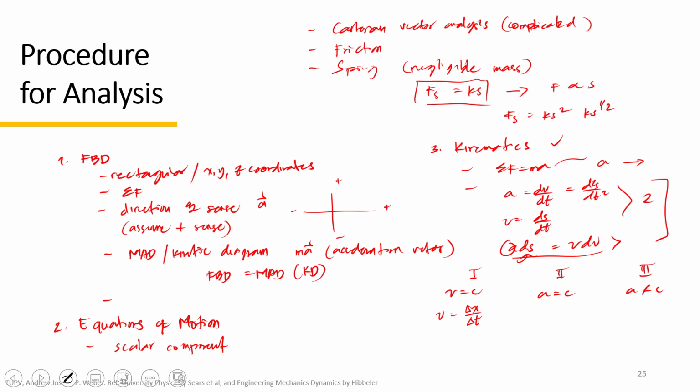For the second type, we have v² = v0² ± 2as, v = v0 ± at, and of course s = v0t ± 1/2 at². And for the third type, you have to use the fundamental equations to derive a new equation, such as v = ds/dt.